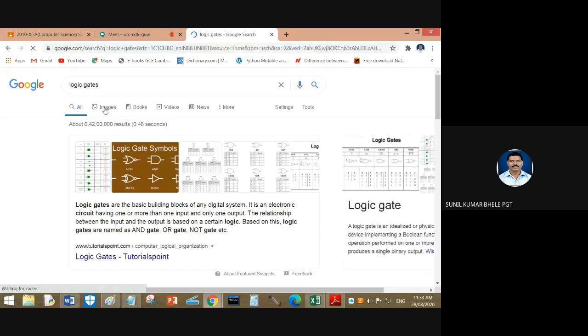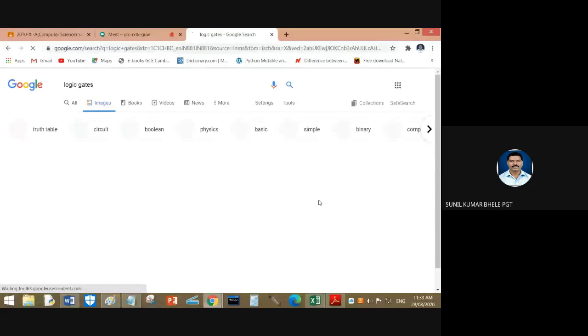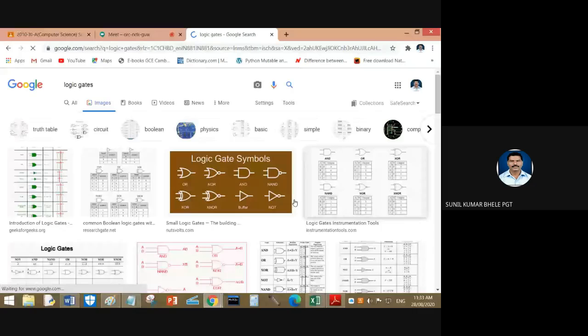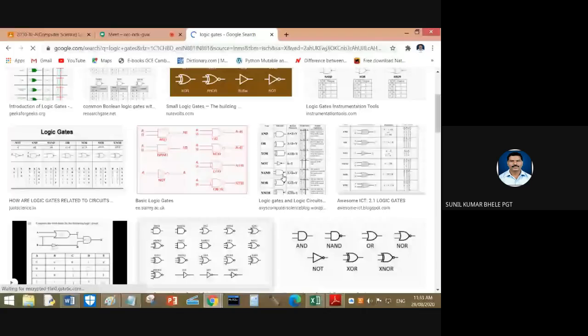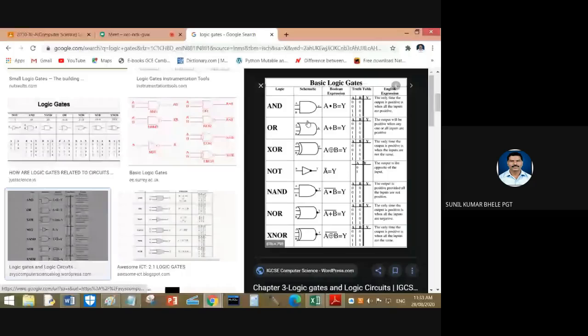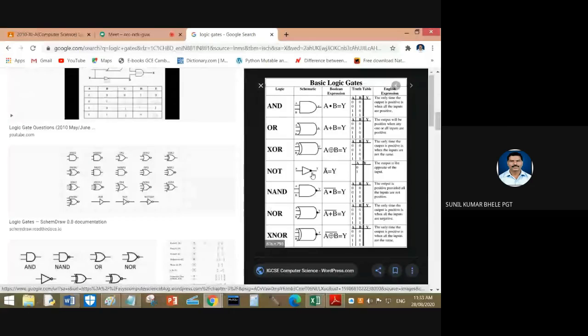You can make a chart at your home which contains the logic gates names, the symbols, the Boolean expressions and the truth tables. You can paste that chart on your wall in your study room so that you can remember the output and input of each and every gate.